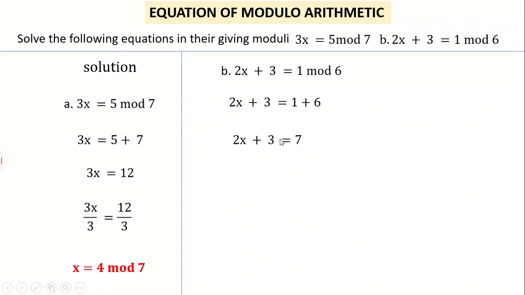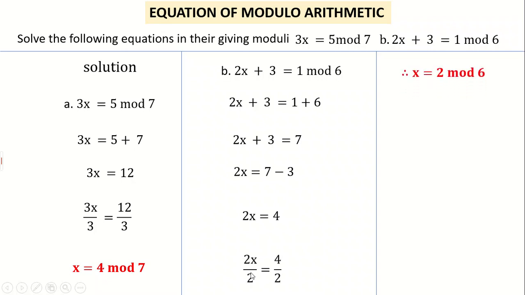Then when you move 3 to the other side of the equation, you have 7 minus 3, which will give you 4. You end up dividing both sides by 2, and you have x to be 2 mod 6. So this answers the question.